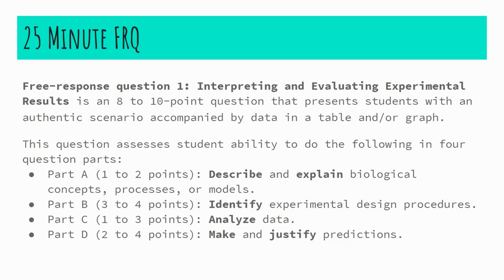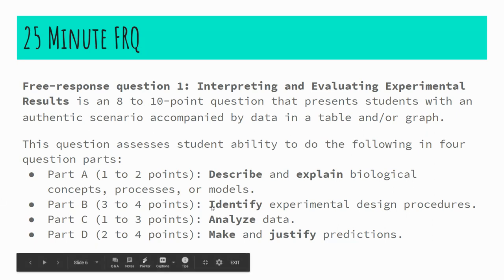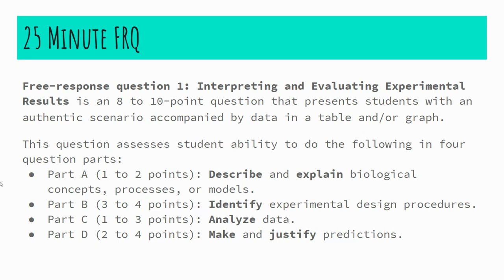And then part B, which I really want to concentrate on for the next couple of weeks. I want to concentrate on all of them, but part B is identifying experimental design procedures. I think that if you have this down, which is pretty easy, then you can get those 3 to 4 points easily.